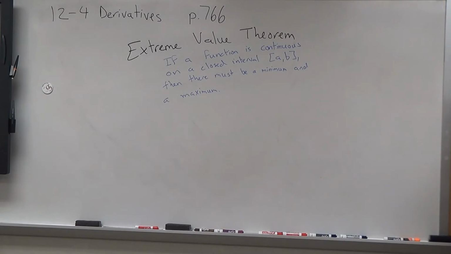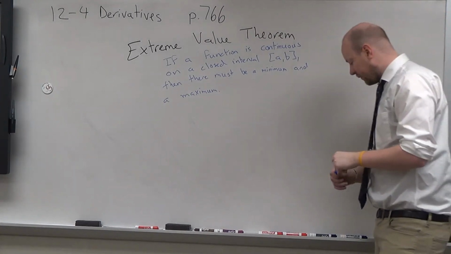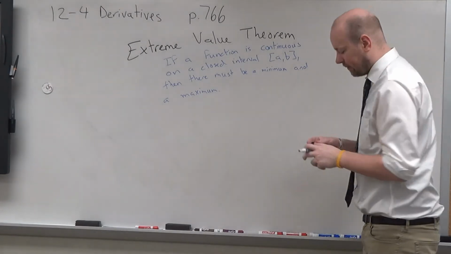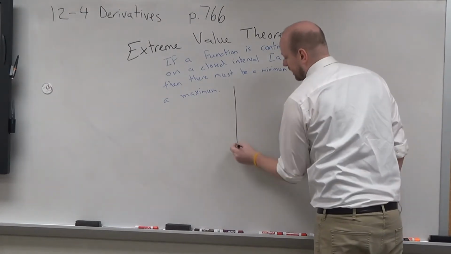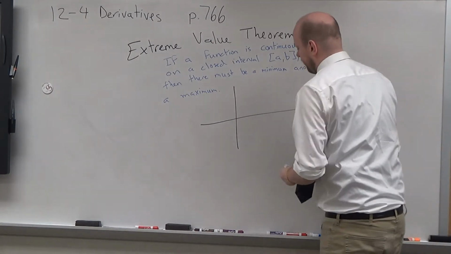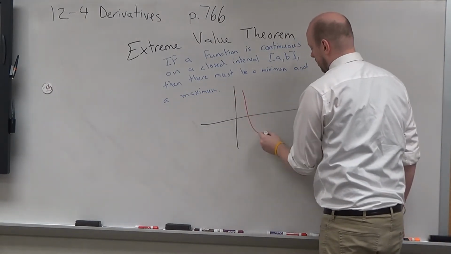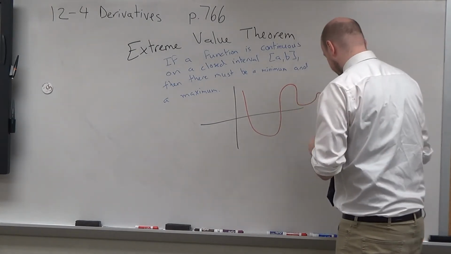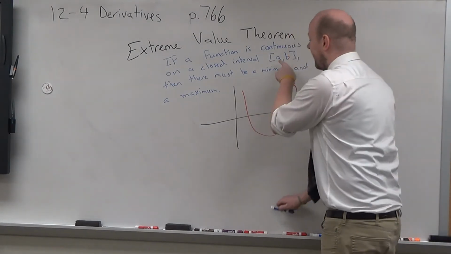Okay. That's a whole lot of fancy words for just saying if I have a function, there has to be a minimum and a maximum. So let's say we were to graph it, something like this, and I had some sort of graph, who knows? But I have to define it on some interval.